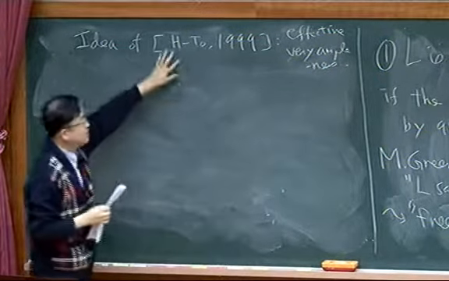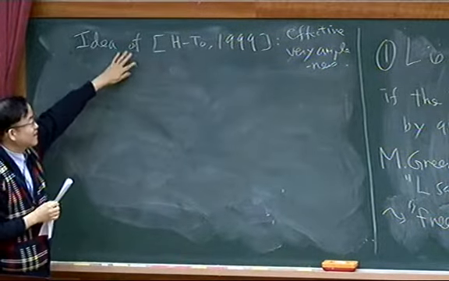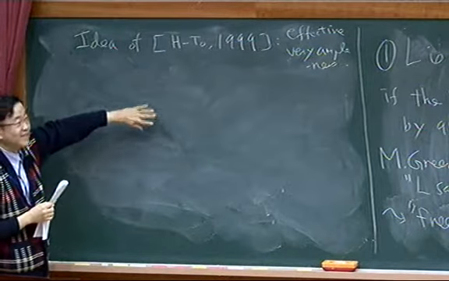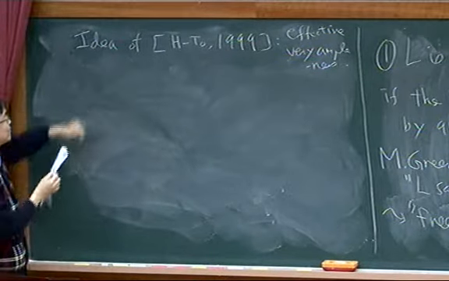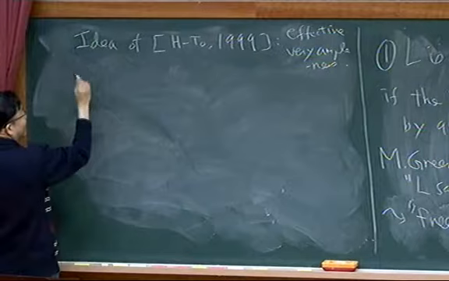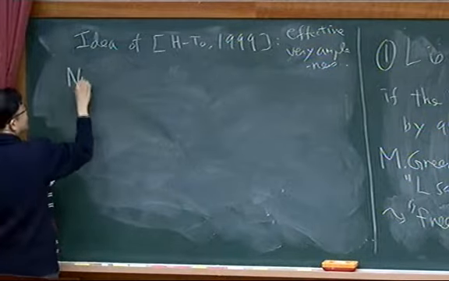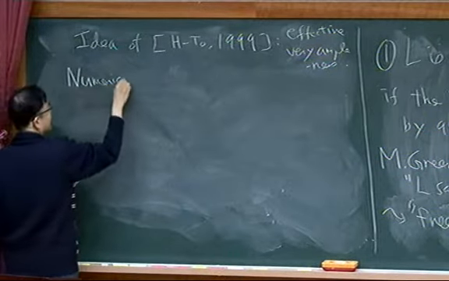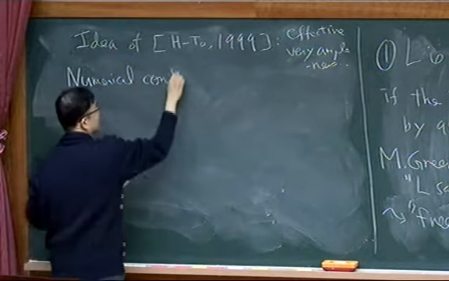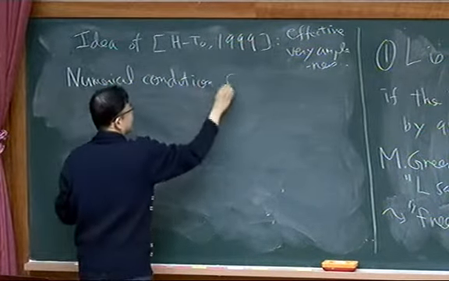There are two ingredients. One is a soft ingredient, and the other is a harder ingredient. The soft part was a numerical condition for very ampleness.